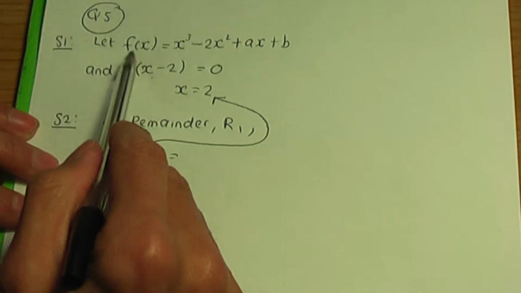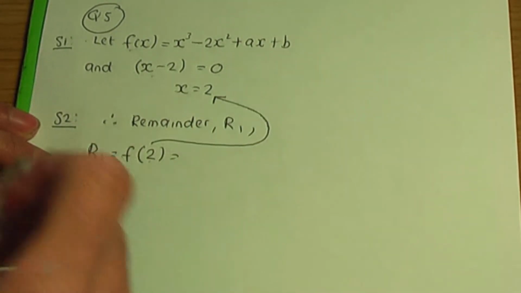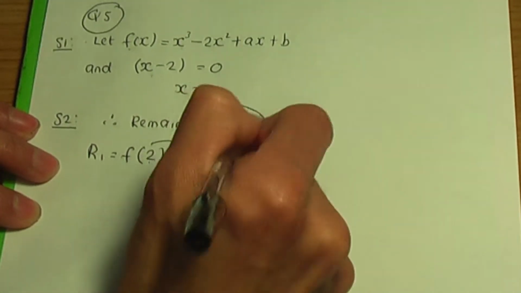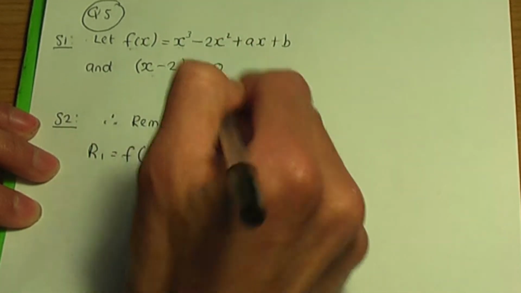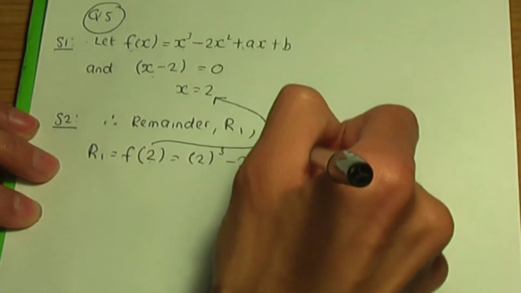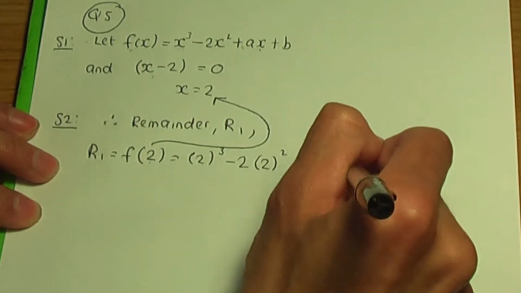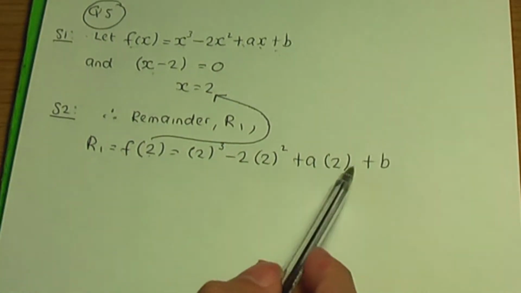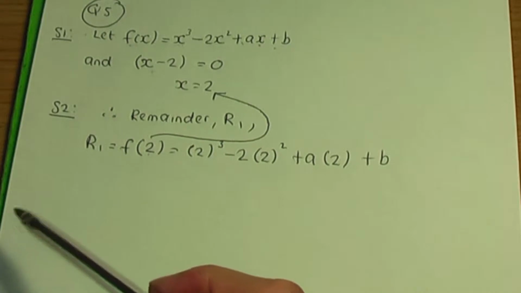All we do is we look at our f of x and replace the x's by 2's. So by doing that we'll have 2 cubed, minus 2 into 2 squared, plus a into 2, plus the b at the end. So this is what you have as a result of replacing the x's here by 2's.